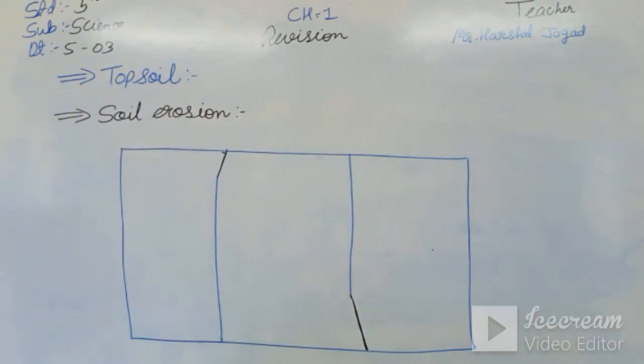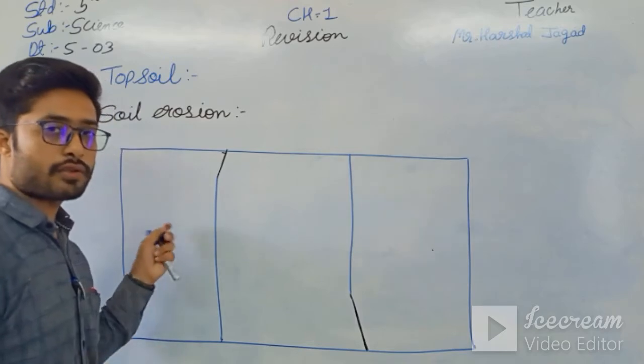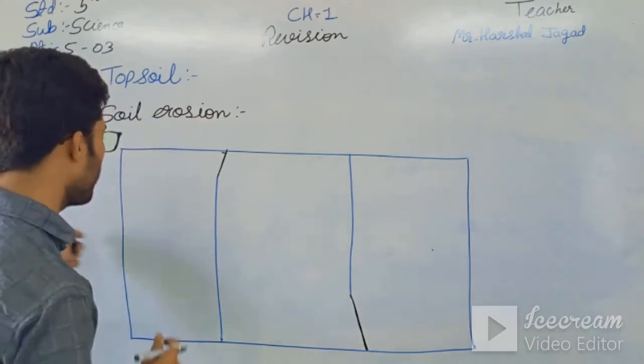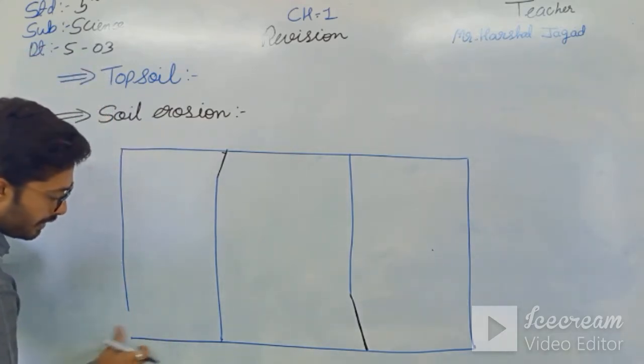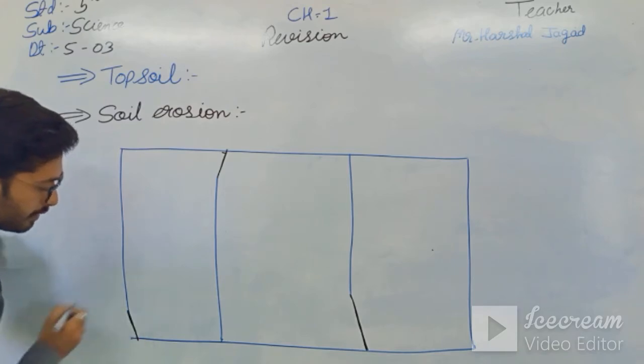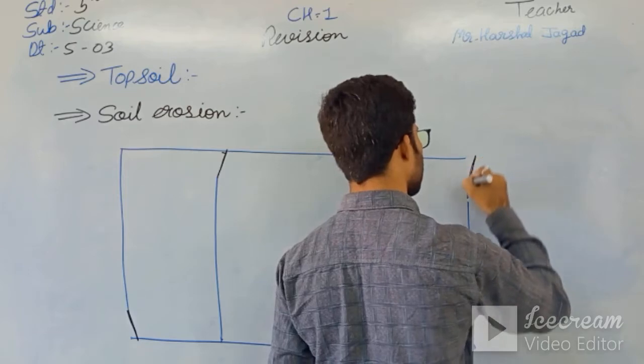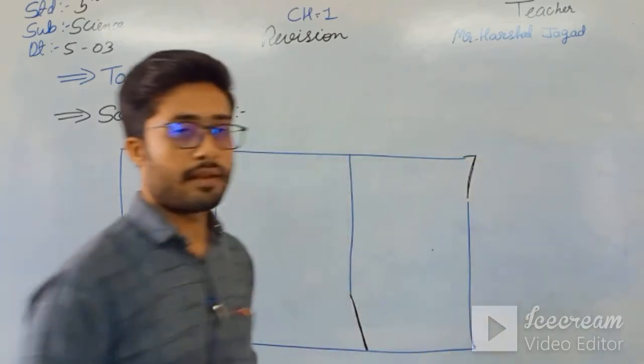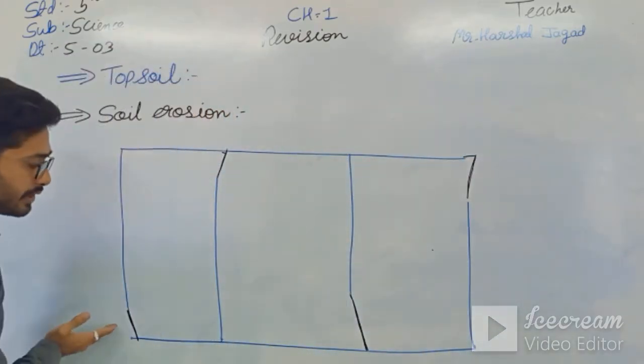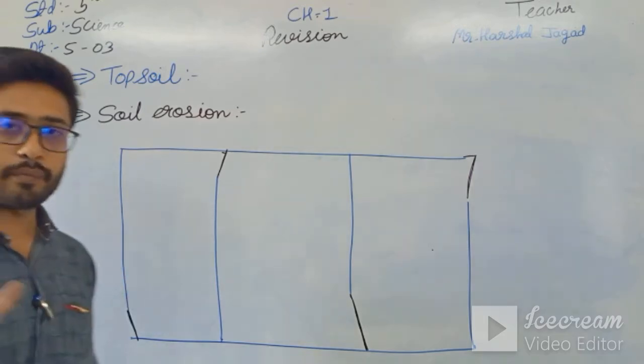All the sheep are first of all taken over here. From this side there is also a gate, and on this side there is also a gate.